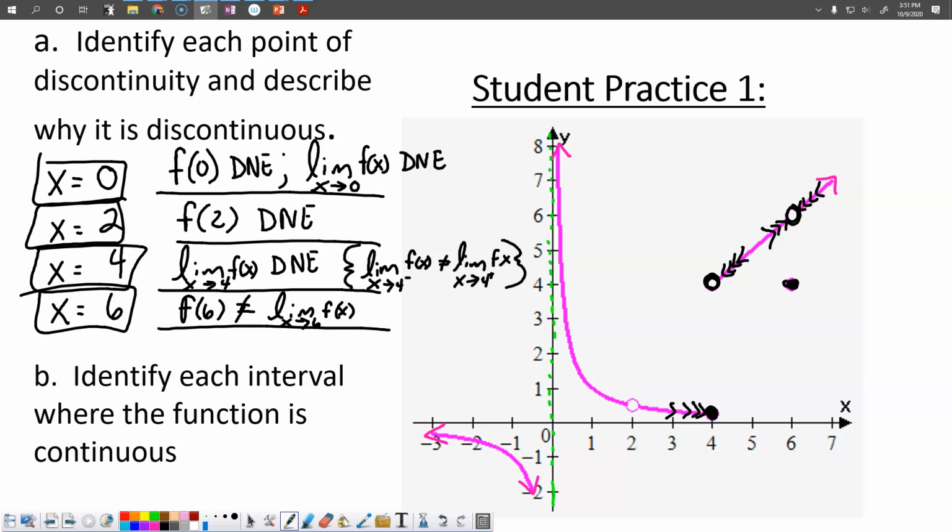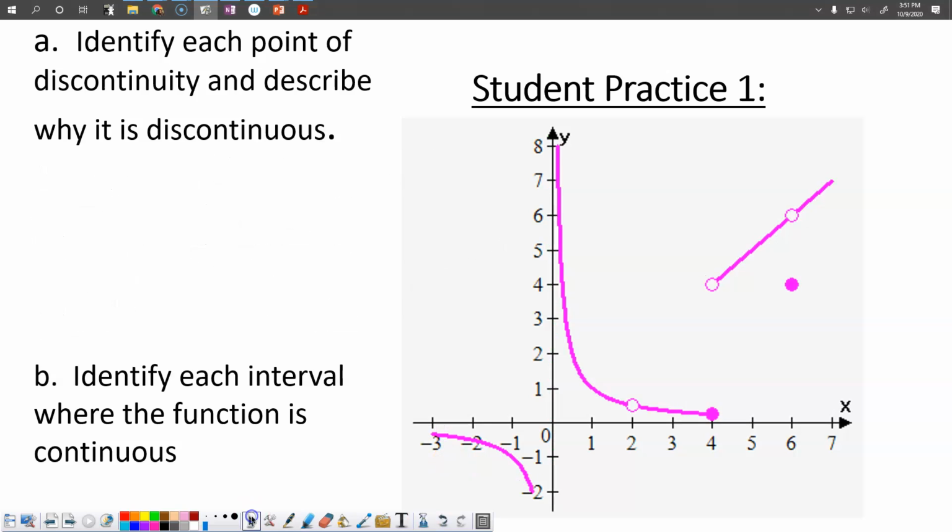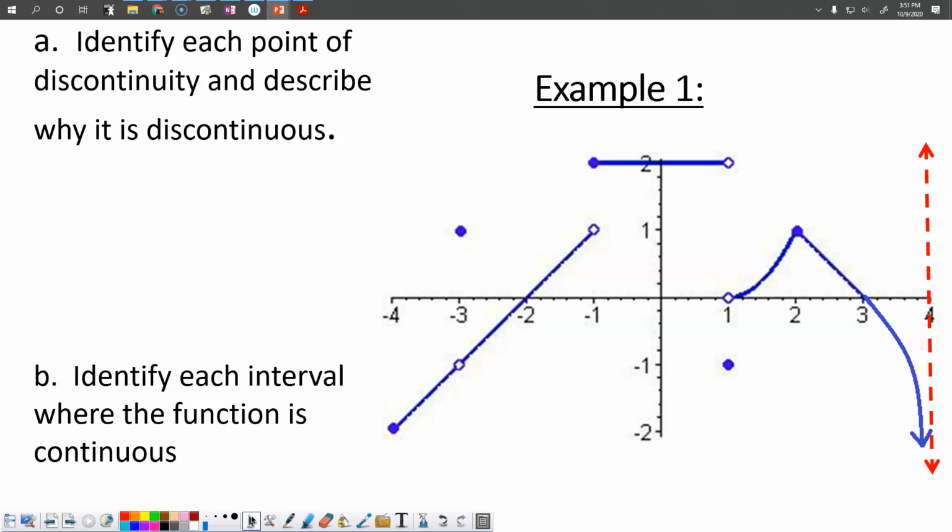Okay? All right, so I'm going to go back to my teacher example now. This is just kind of like an inverted way of really doing almost the same thing. This one is asking me to identify the interval where the function is continuous. So we found where it was discontinuous, right?